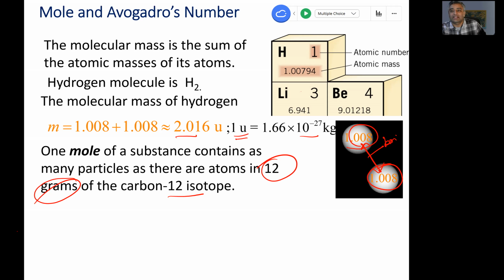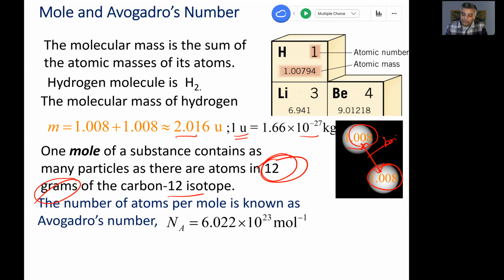But of course, there are indirect methods of doing it. People have figured out that if you weigh 12 grams of carbon and count all the atoms, you get that many.